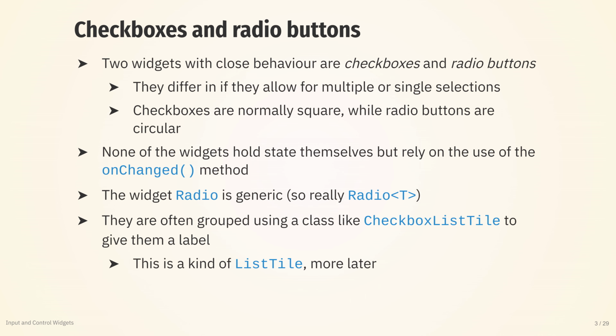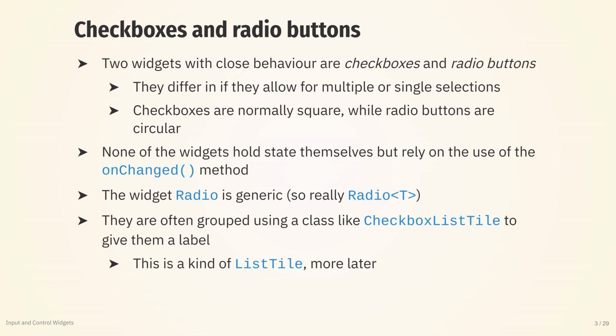We'll start this off by looking at checkboxes and radio buttons. The idea behind these is that you want to make a selection between a number of things, or with the checkboxes select several, because that's the difference between them.